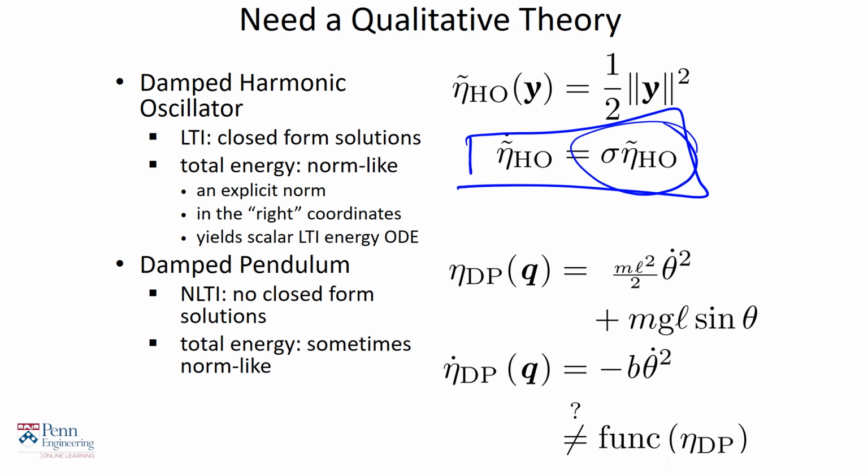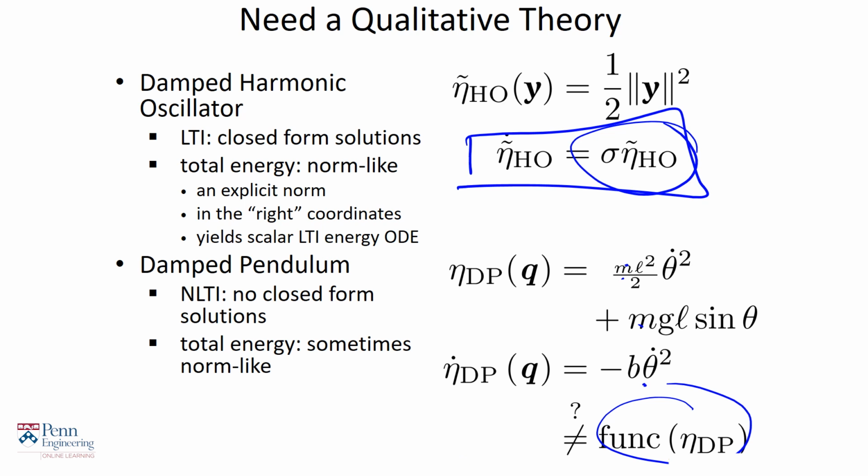Now, my total energy is potential plus kinetic, but my d by dt, my power formula, is not a function at all of anything related to the potential energy. It only depends upon the kinetic energy. And so I'm not going to be able to express the right-hand side as some kind of a function of the total energy. And because I don't get a scalar differential equation in total energy, as I did in the linear case, it's not entirely clear what to do.